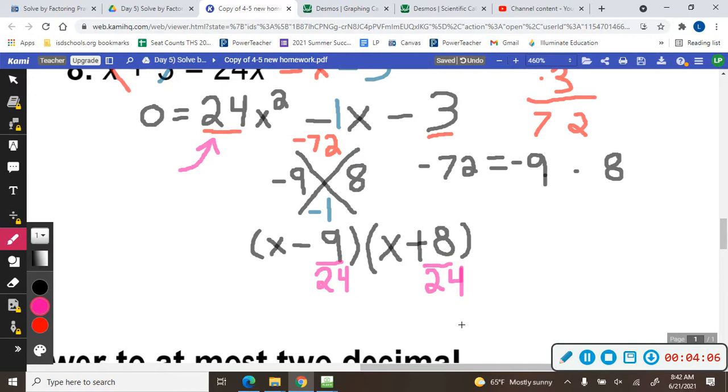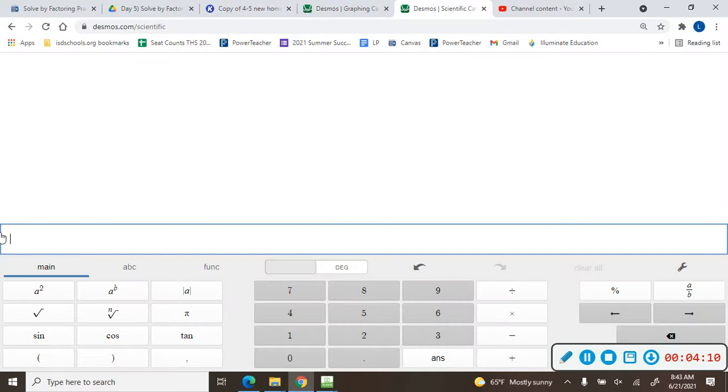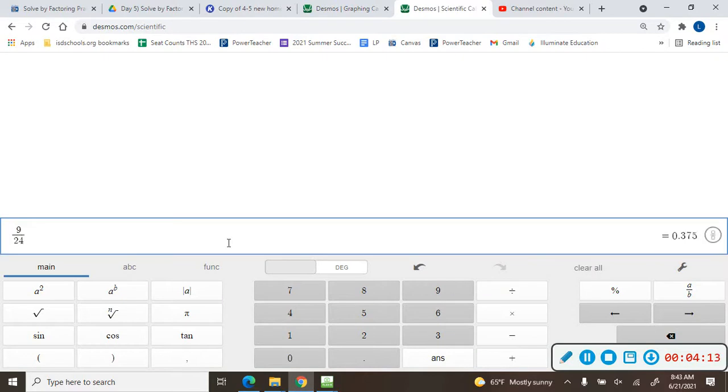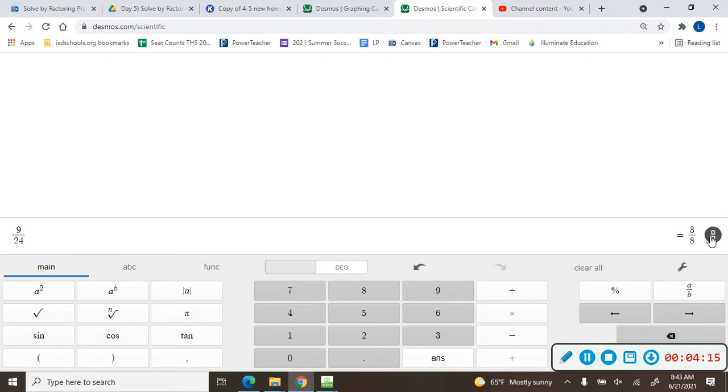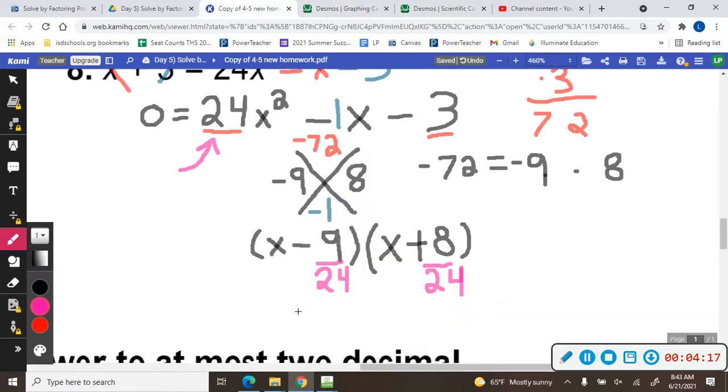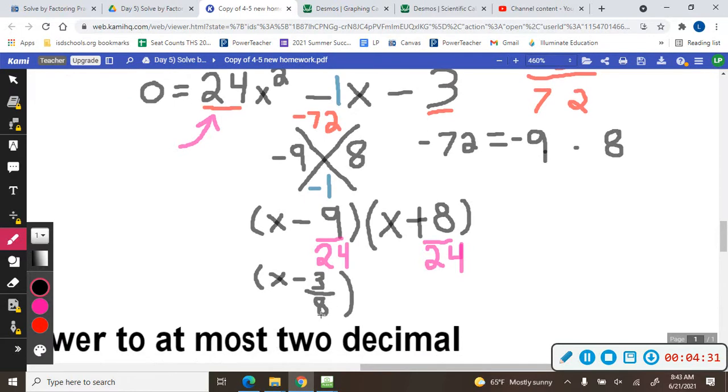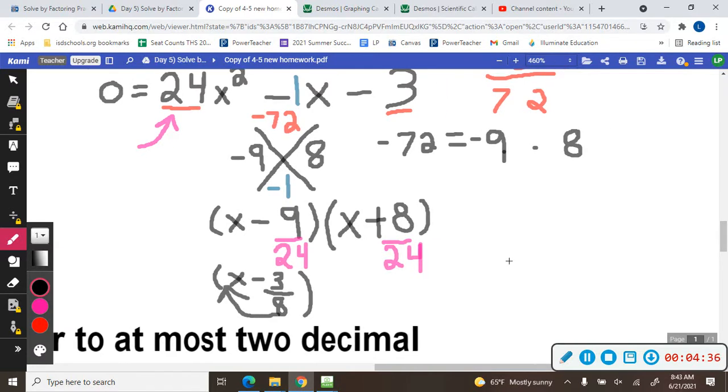And then you try to reduce 9 over 24. Let's go see what that is. 9 divided by 24 is 3/8. So I get x minus 3/8. And remember, the 8 slides to the front, and I'll put it over here. You're going to get 8x minus 3.